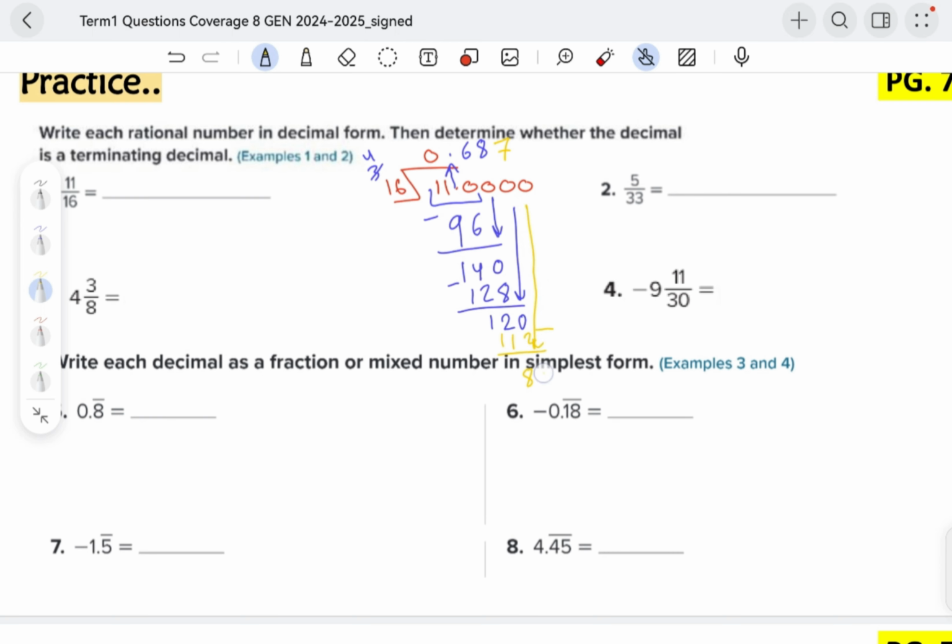Bring down the last digit. Now 80. 80 divided by 16. Let's try 5. 5 times 6 is 30. 5 times 1 is 5 plus 3 is 8. The remainder is 0. So the answer for this is 0.6875.